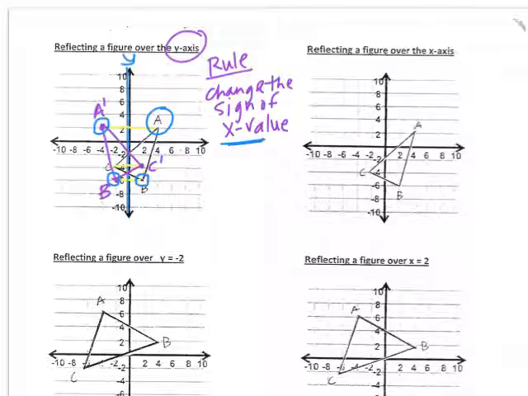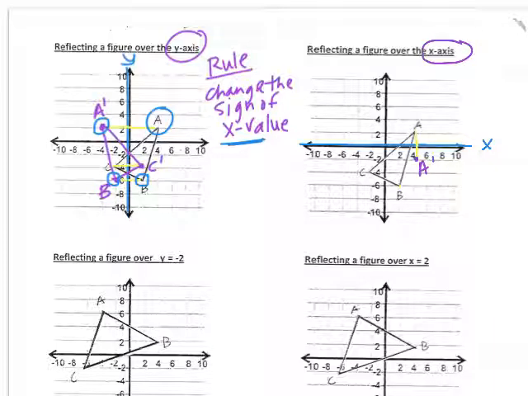Alright, now we're going to try that same thing, but we're going to use the x-axis. So remember, this is our x-axis, and so if they're asking us to reflect over that line, we need to count the number of units from the point to the line and then continue past the line the same number of units. So I'm going to plot my A prime right here.